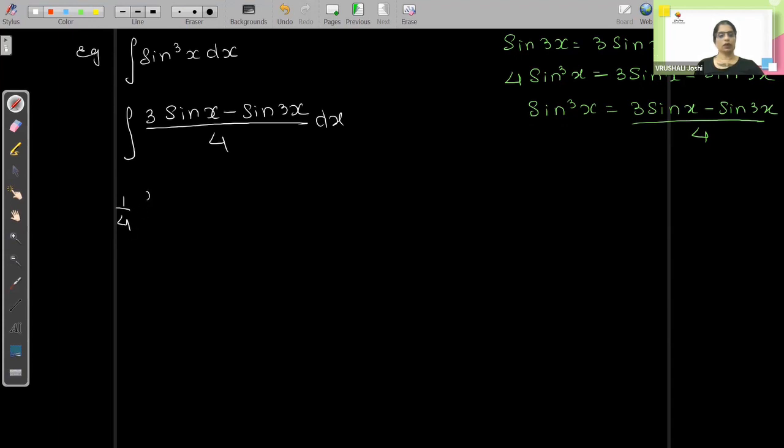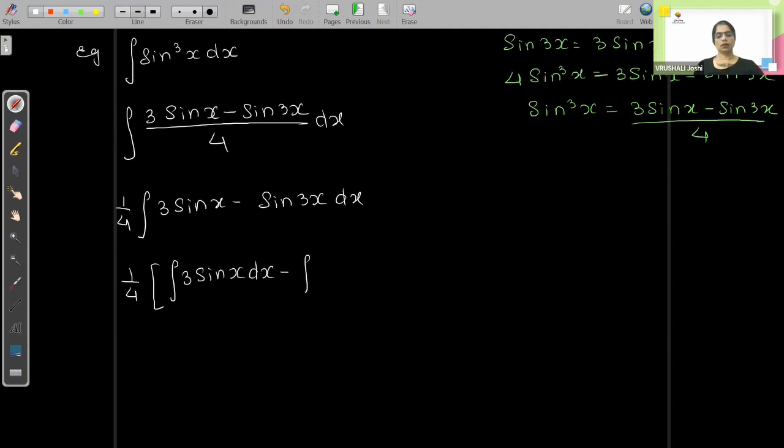So 1 by 4, inside the bracket we can write integration of 3 sine x dx minus integration of sine 3x dx.